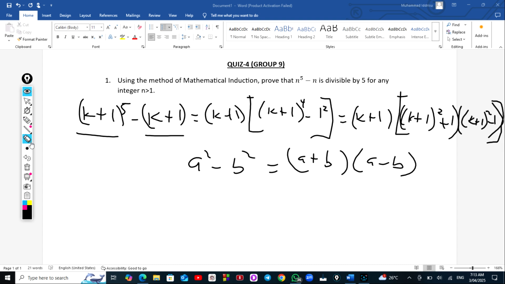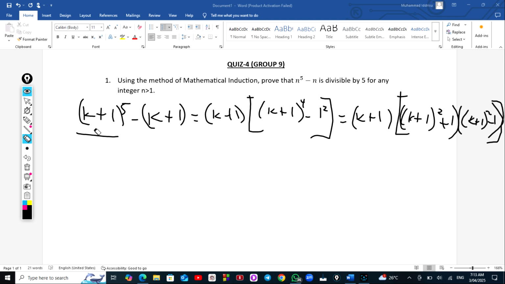Okay, so this is equal to, so I just keep my k plus 1 here, then inside the bracket I start with my expansion.